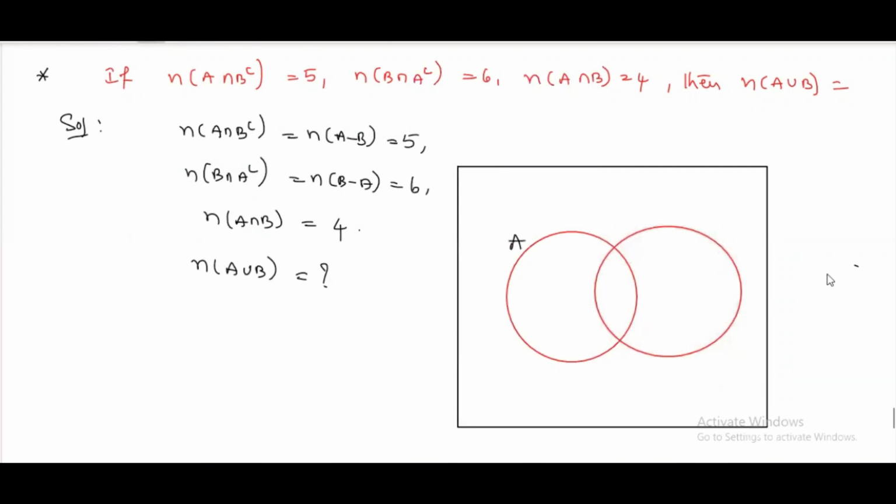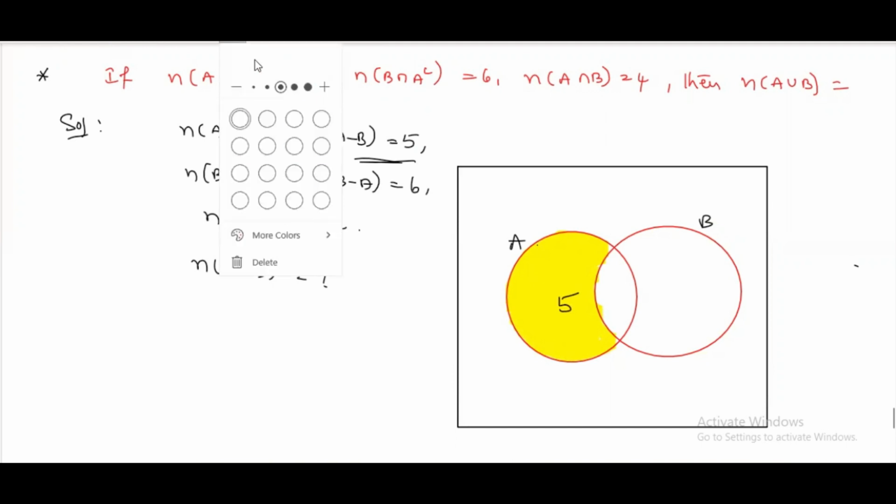This is set A, this is set B. A minus B, value 5 they have given. A minus B in the sense this yellow colored part is A minus B. So A minus B is 5, they have given.